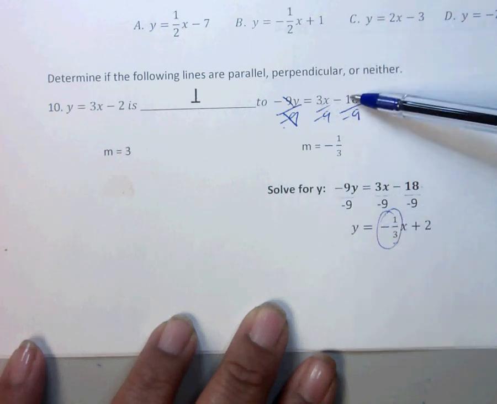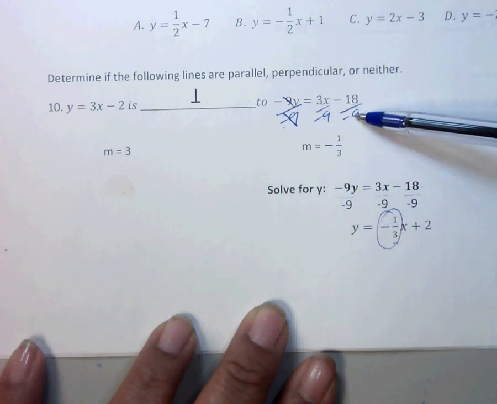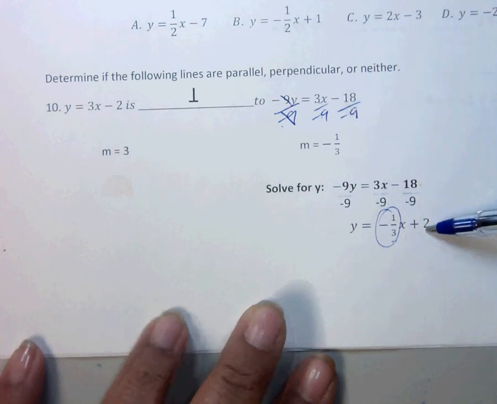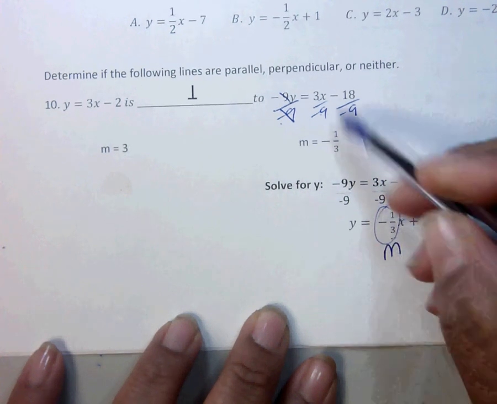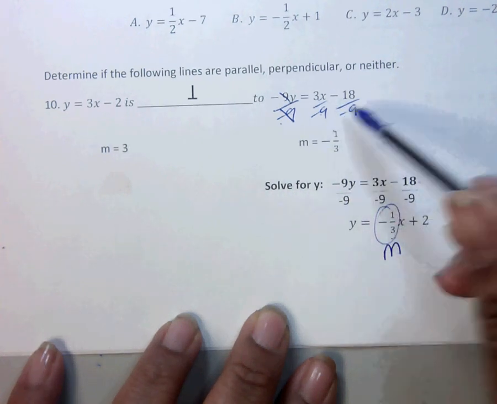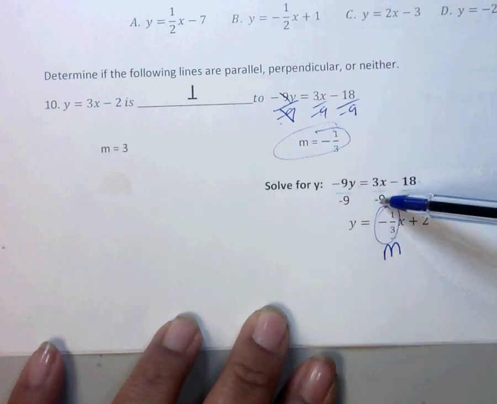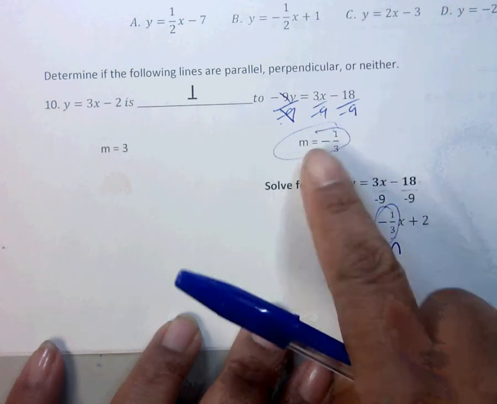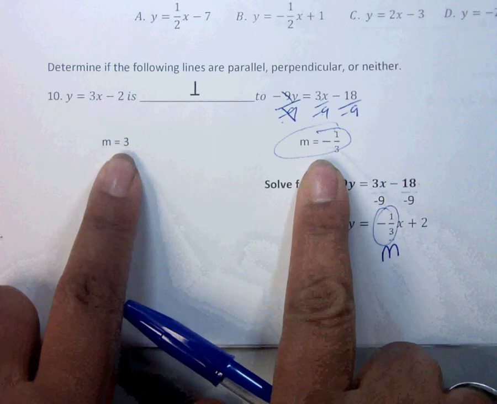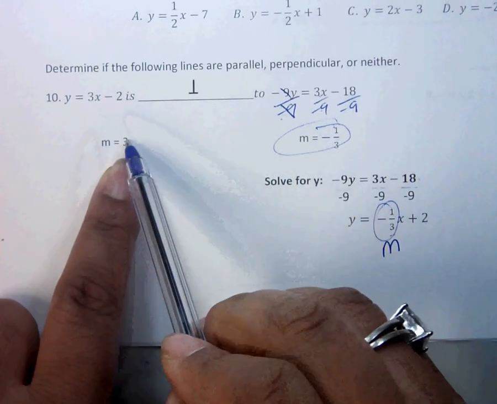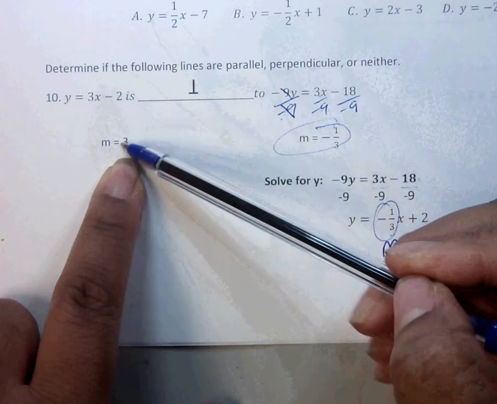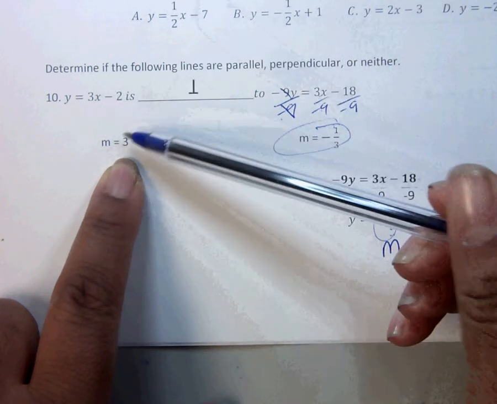And 18 divided by -9 gives me +2. I look at m. Now that I know m is -1/3, I can compare it to this slope. And those slopes are perpendicular because the sign changed from positive to negative, and the 3 flipped from 3 to 1/3.